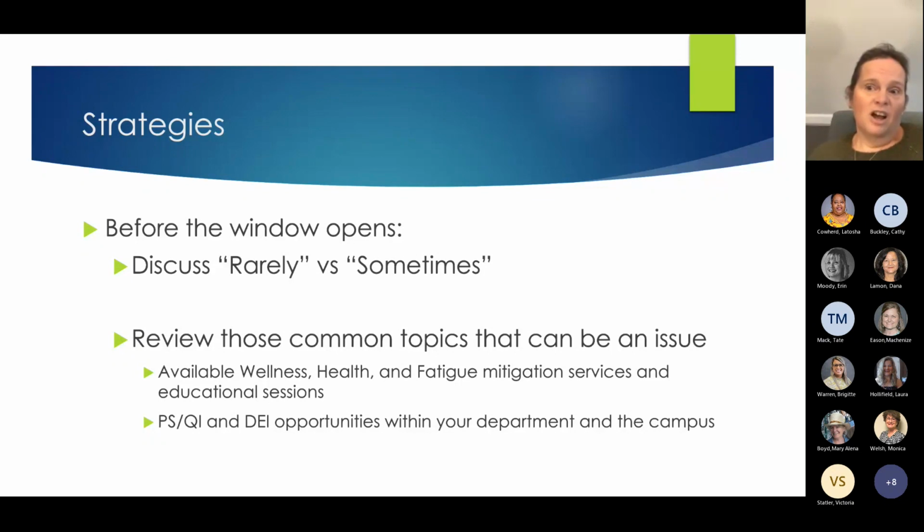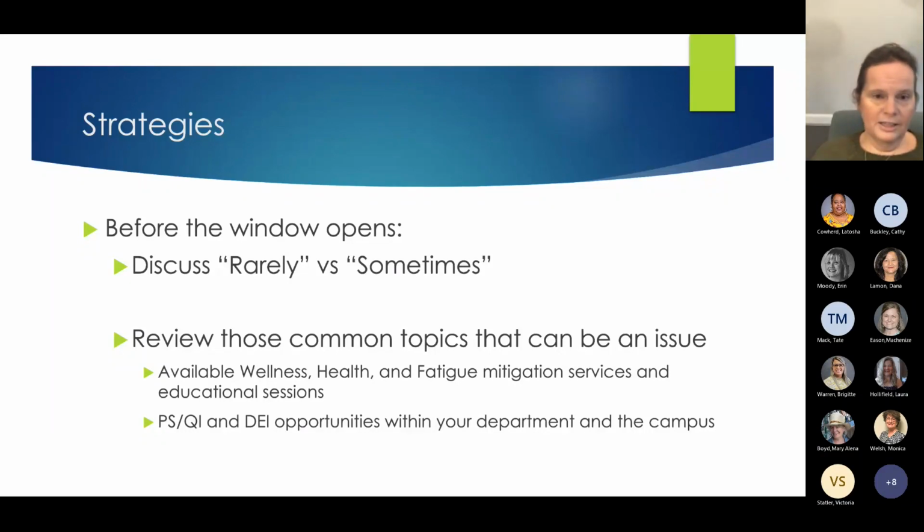Because 5 in 180 is kind of rare, versus if it were 10% of the time, maybe 18 times, that might be more like sometimes. They might be thinking of a handful of times, which really is rare, but they might answer sometimes, or vice versa. So review what that means and the level of compliance, since a slightly different answer can have an effect on your survey results. And then look at those common topics that can be an issue.